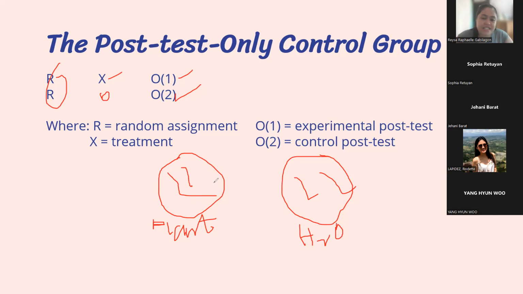Wala talagang pre-test dyan. Okay, so post-test siya diretso, but nevertheless, since there is randomization and we have at least 2 groups dito, true experimental pa rin ang post-test only control group. Okay? Questions so far?